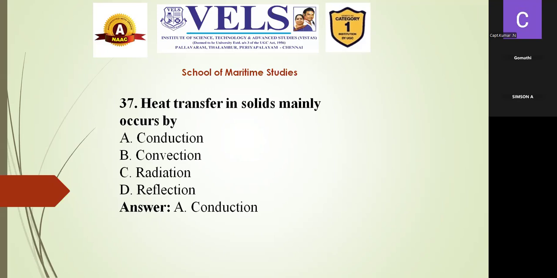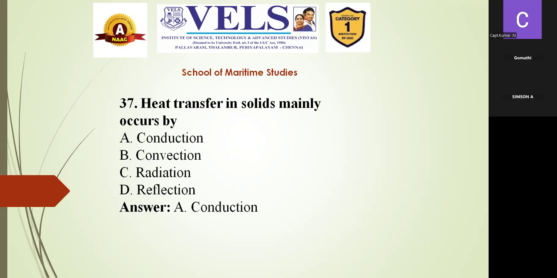Heat energy is transmitted from one place to another place without the actual movement of the particles, which is called conduction. This conduction takes place in solids, liquids, and gases. The next method is convection.